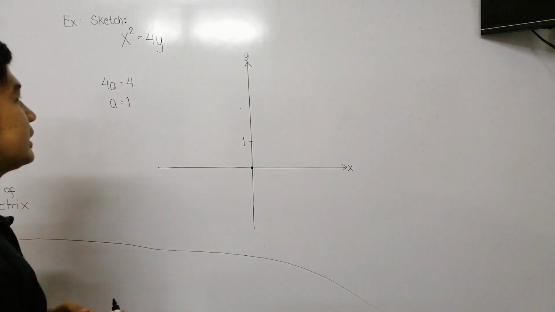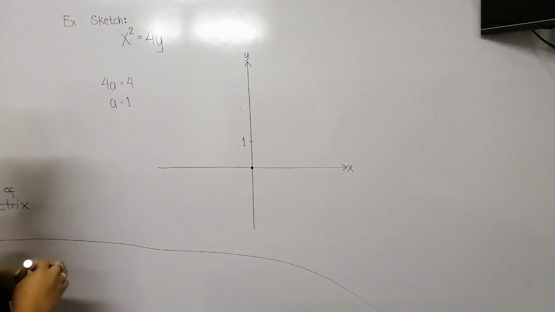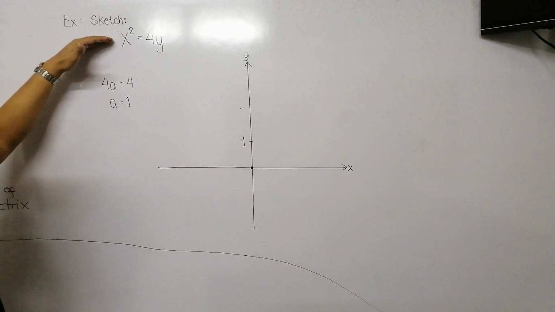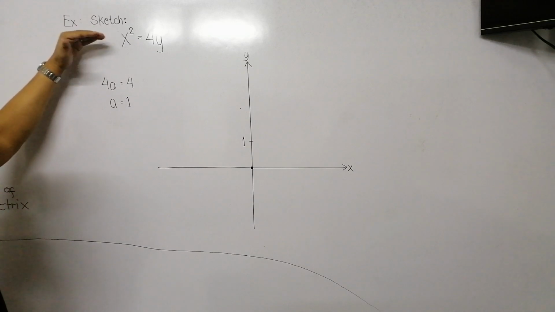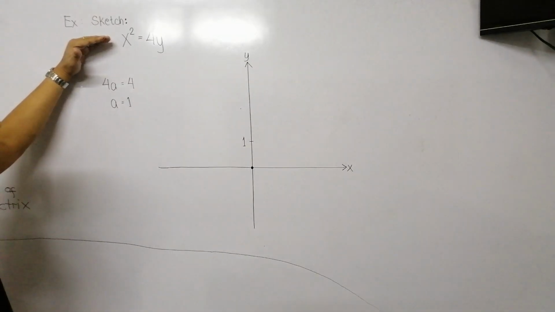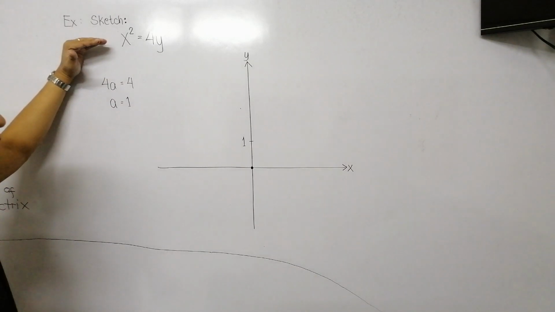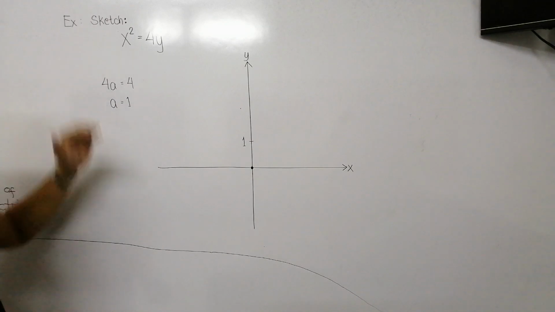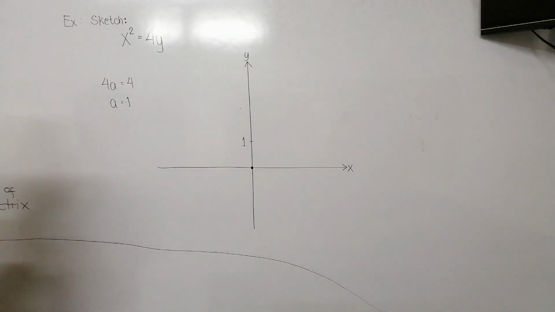So let us now sketch the parabola given this standard equation x squared equals 4y. So this is our given, and then we're going to sketch the parabola given this equation, and then let us also determine the coordinates involved like vertex, focus, and points of the latus rectum as well as the equation of the directrix of the parabola.